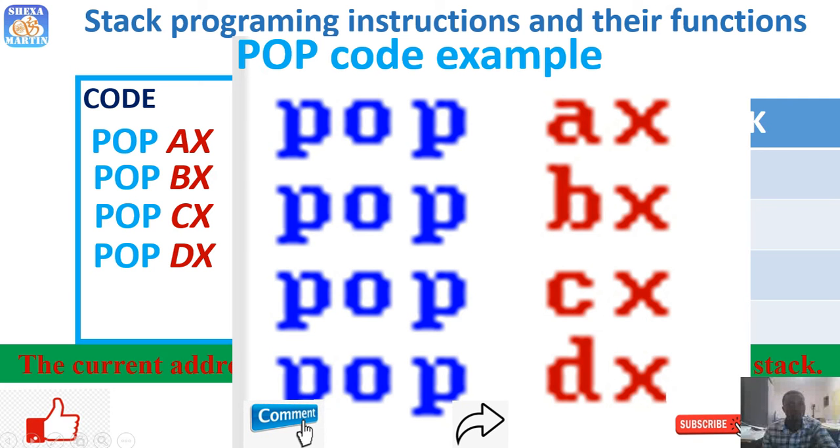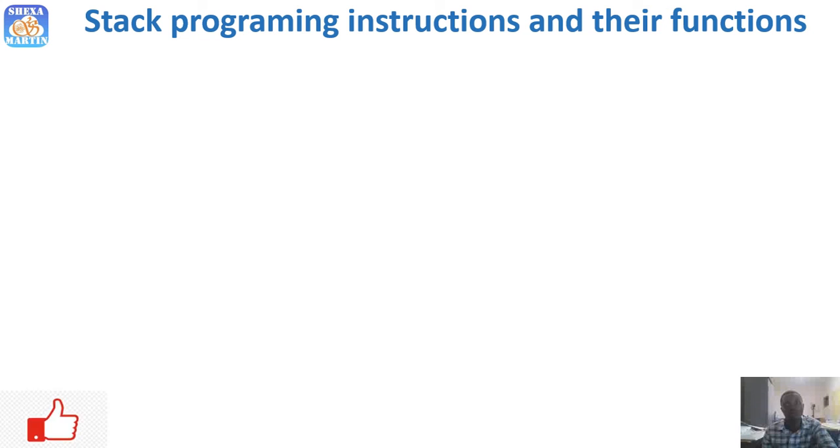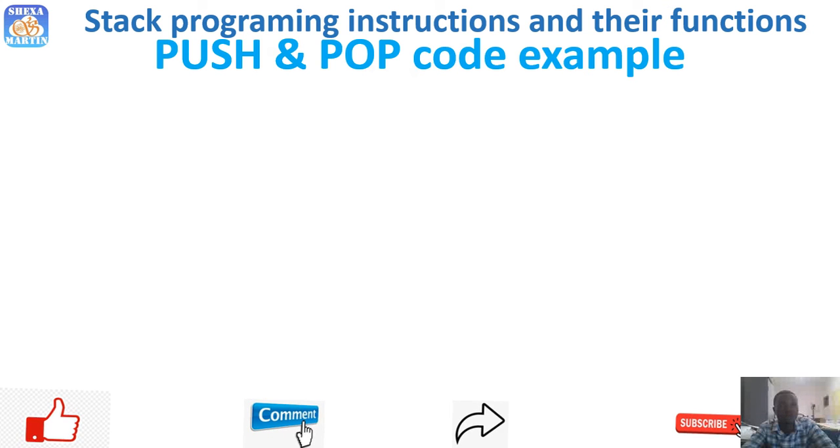I'm not sure that you appreciate the push and pop code examples, the syntax and how they operate, and when and where one can use the instructions, this stack and its instructions. So next is a push and pop code example.